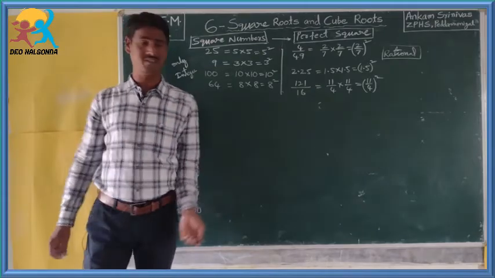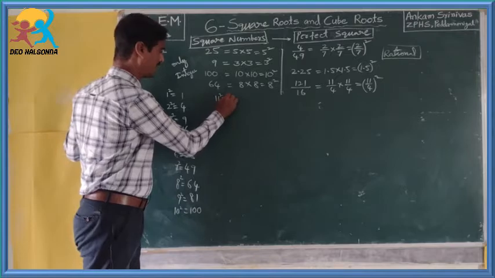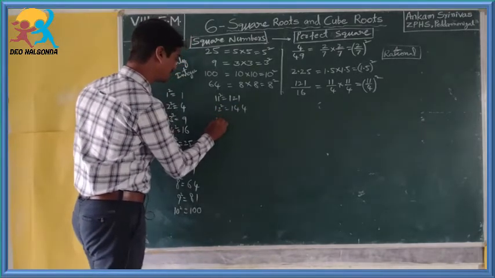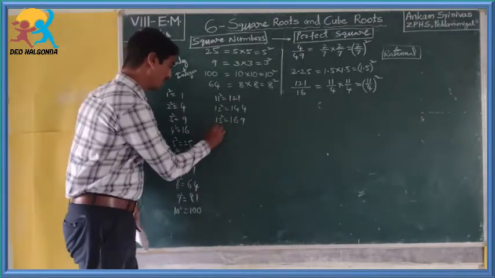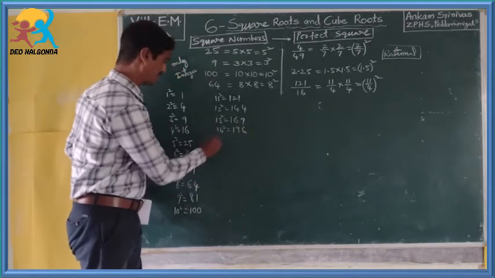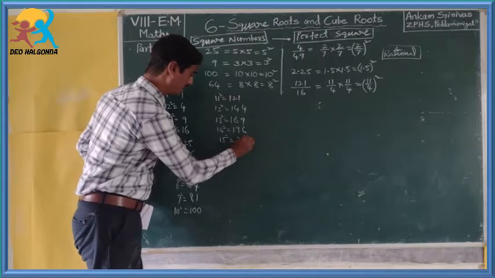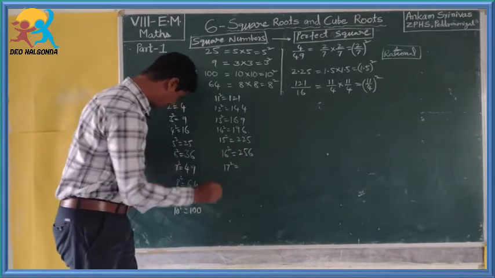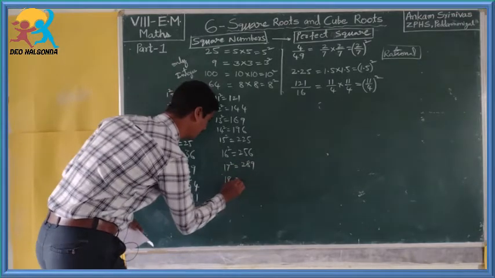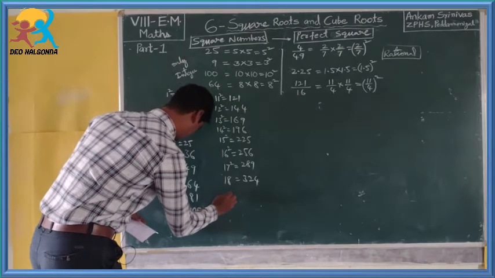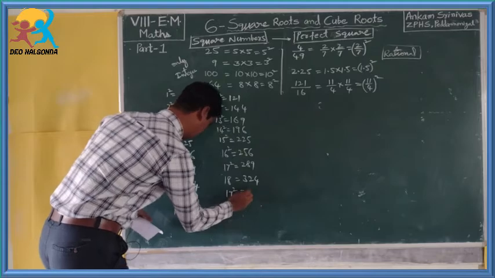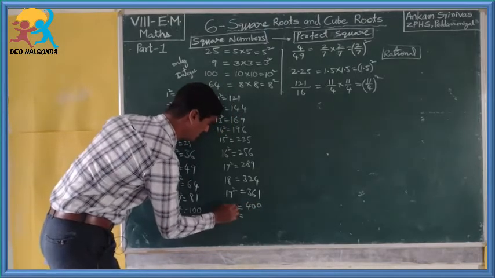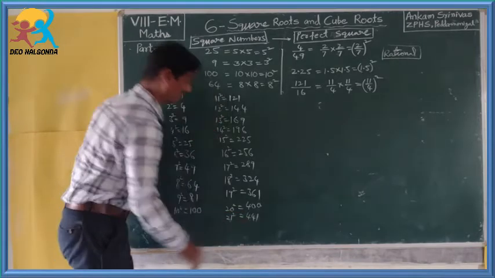Let's try to write some more perfect squares here. 11 square we get 121, 12 square 144, 13 square 169, 14 square 196, 15 square 225, 16 square 256, 17 square 289, 18 square 324, 19 square 361, 20 square equal to 400 and 21 square equal to 441.